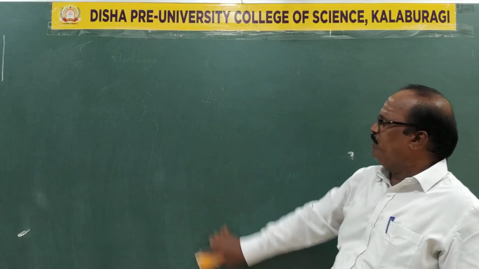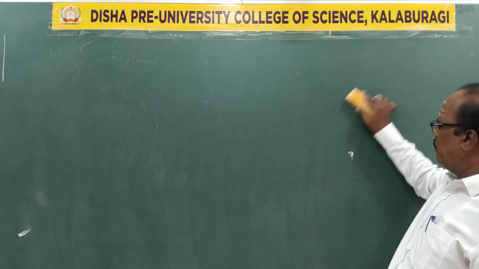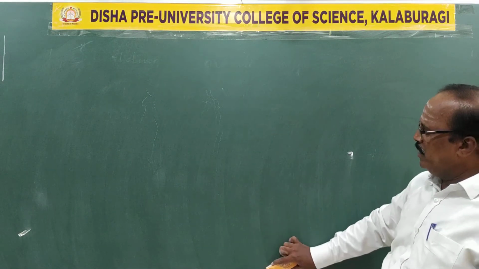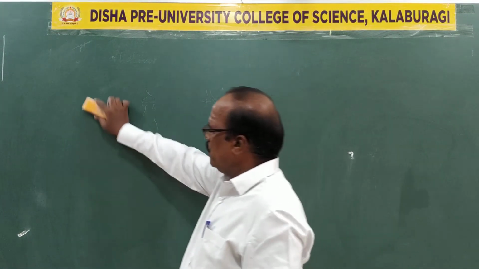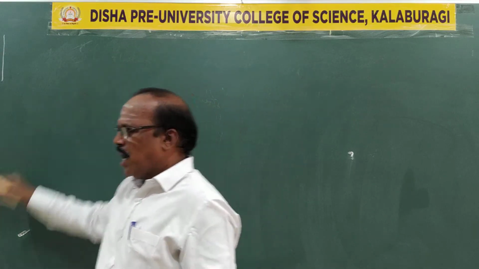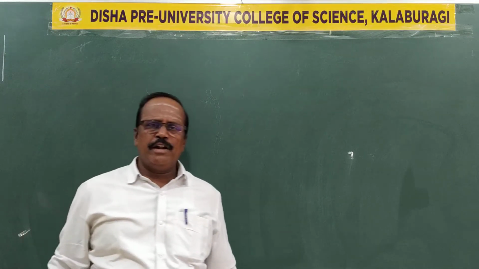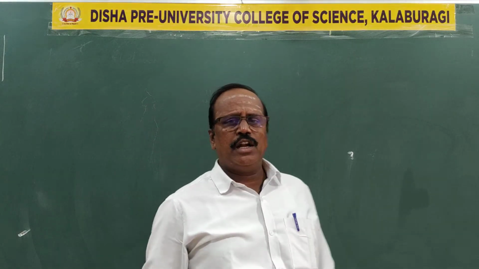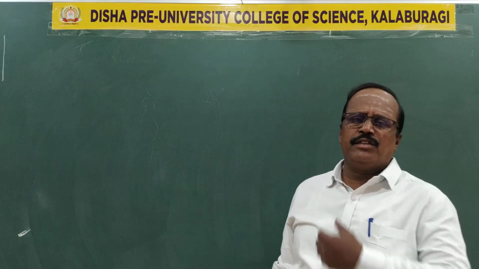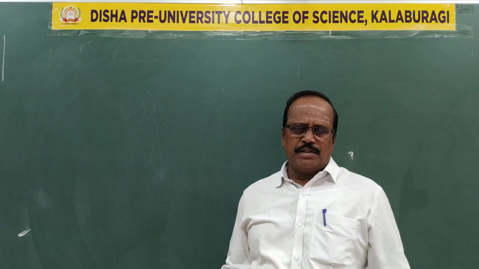Half filled and fully filled configurations are more stable, and more is the stability, more will be the ionization energy, and we focused on beryllium and boron, nitrogen and oxygen by means of graphical representation.